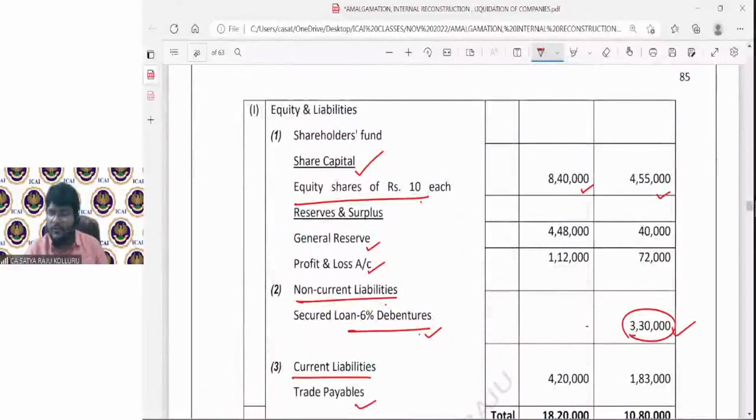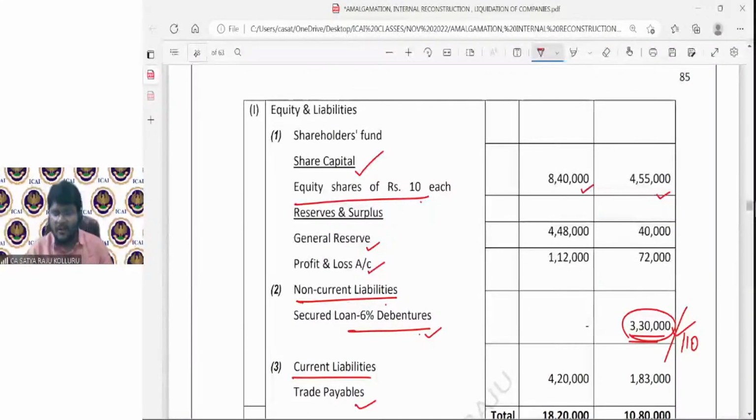Discharging at par means 3,30,000 I should need to discharge, divided by 110 rupees per each debenture. Then 3,30,000 divided by 110 means 3,000 debentures I should need to issue. 3,000 into 100 rupees face value. 3,000 into 10 rupees, 30,000 is the securities premium.